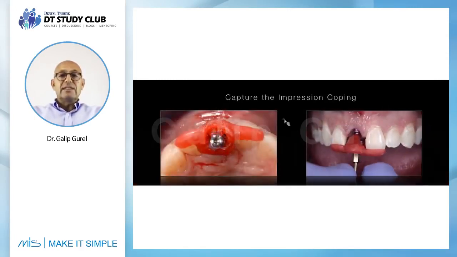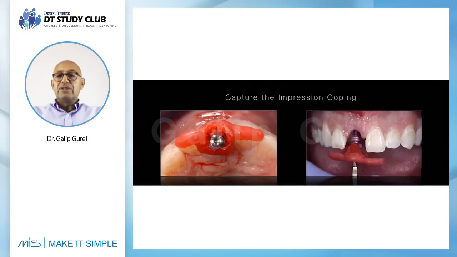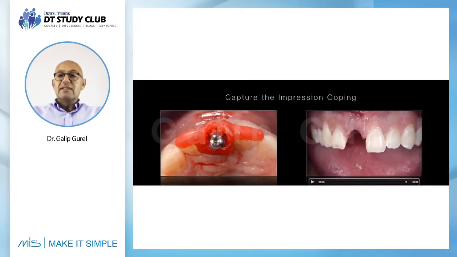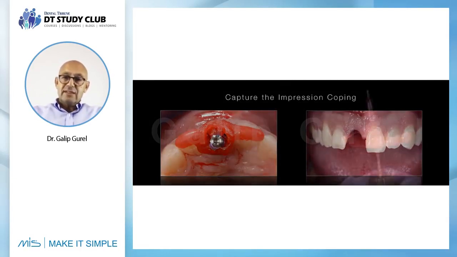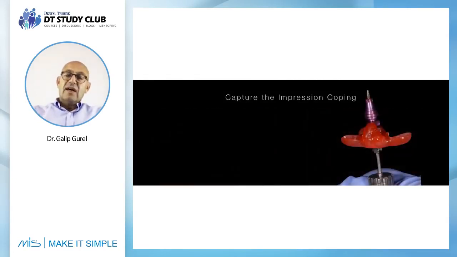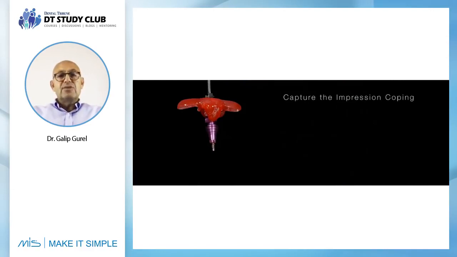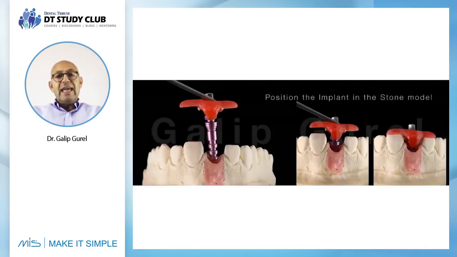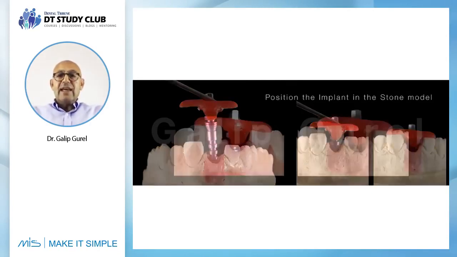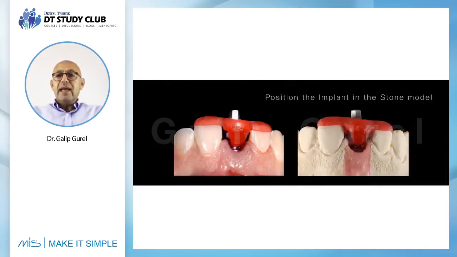This is the part that we captured, and then we take this impression copying together with the Duralay that we created from the beginning. So this is our impression copying attached to the Duralay. The next step is taking this piece into the lab and positioning it exactly to the socket that we created, and the wings of the Duralay will stabilize the implant exactly where it should be, as you can see here.